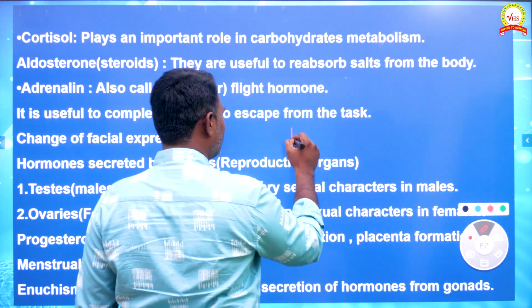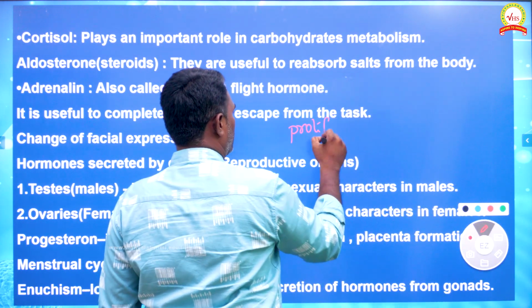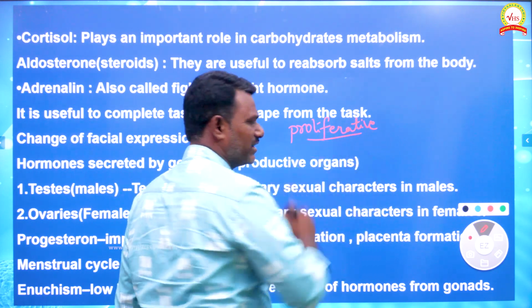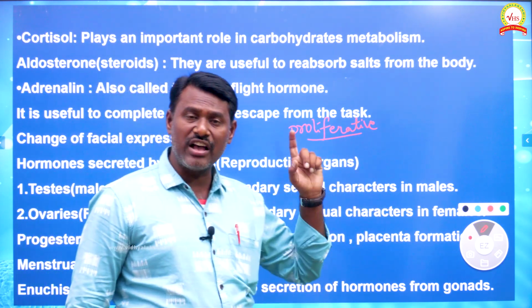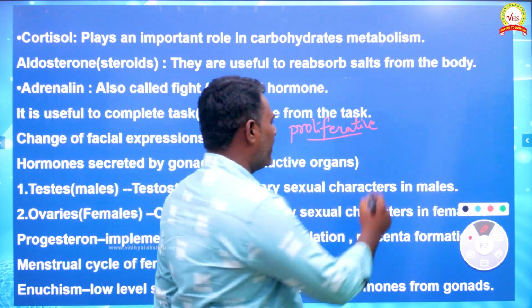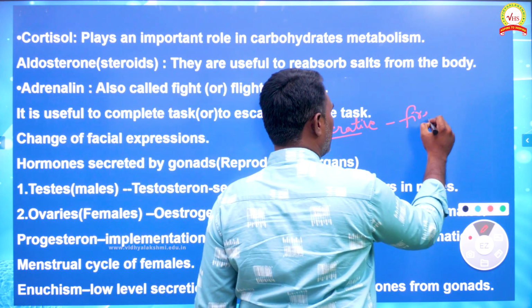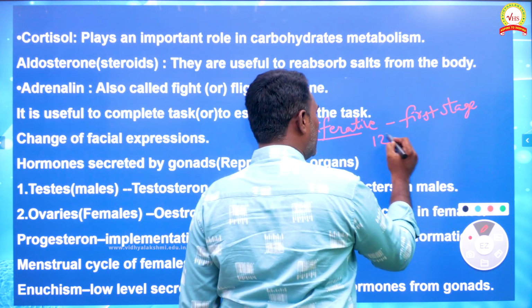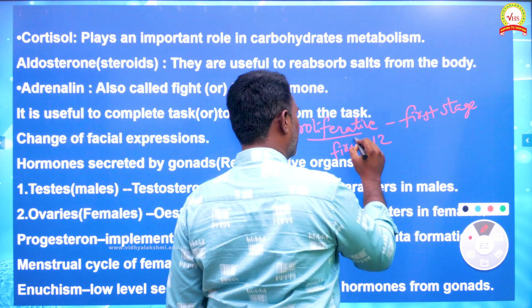First, the proliferative phase. It is the first stage of the menstrual cycle, which occurs in the first 12 to 14 days of the month.